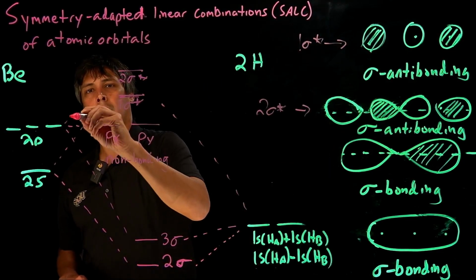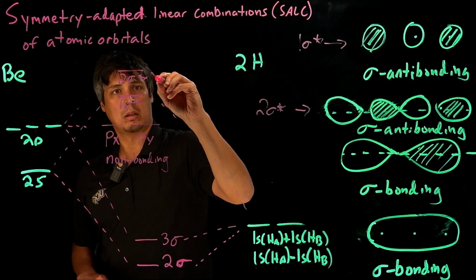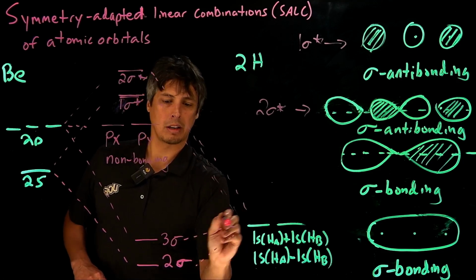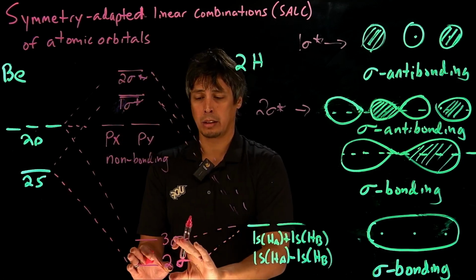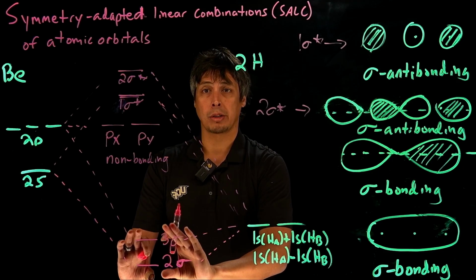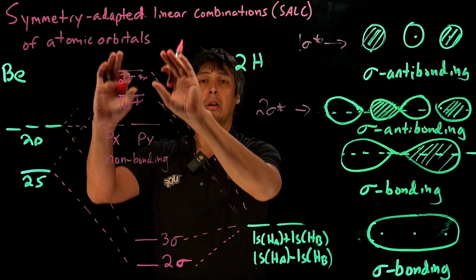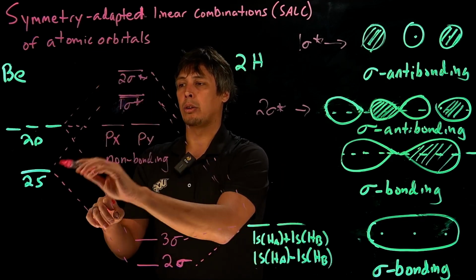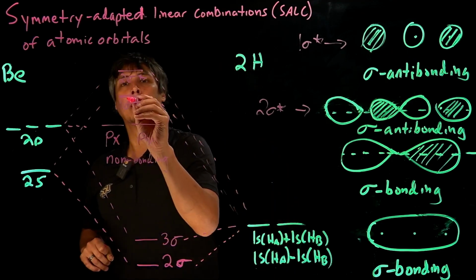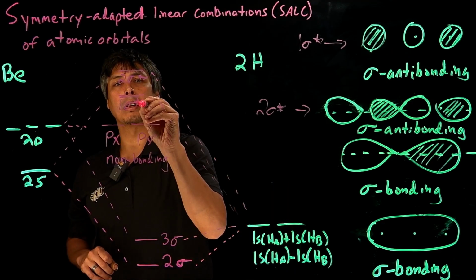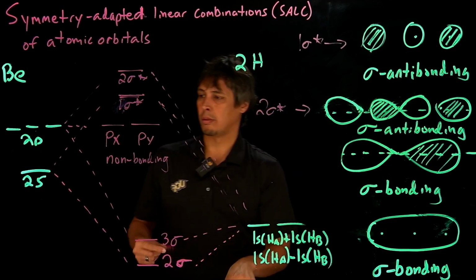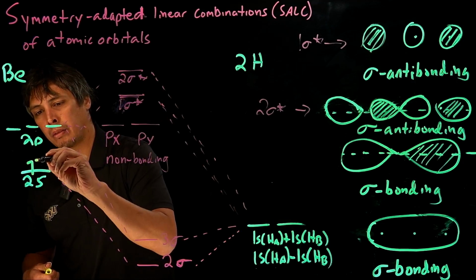And notice that all the bonding orbitals are slightly lower in energy than the orbitals that they were generated from. The antibonding orbitals are all greater in energy than the atomic orbitals and SALCs that they were generated from. Okay, and so this is our MO diagram.